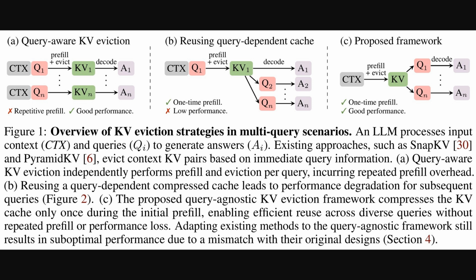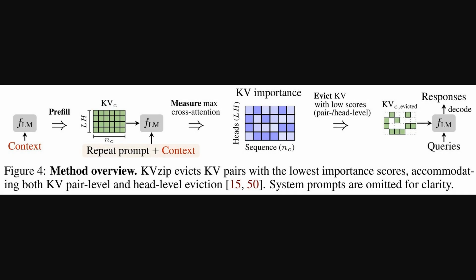Another idea is to reuse the memory from the first query, but that hurts performance on later queries. KVzip's approach is different. It creates one general-purpose compressed memory up front, which works great for many different questions without any slowdowns.